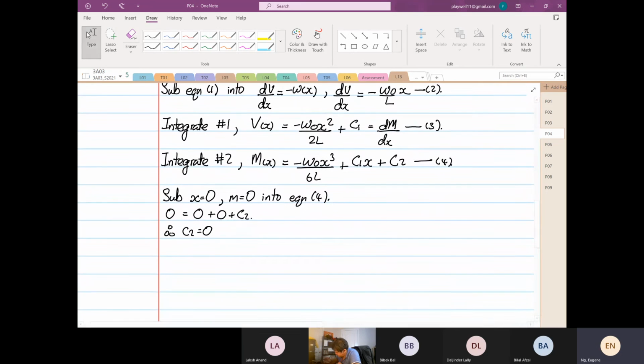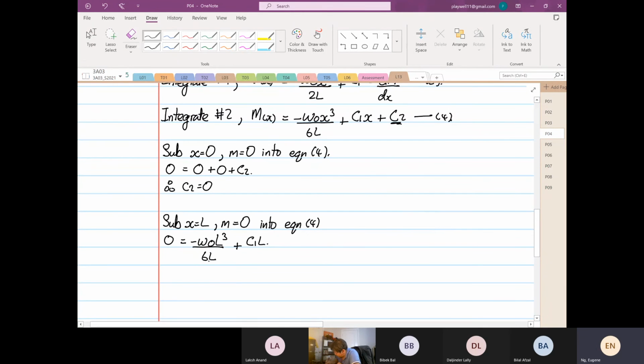We're going to substitute x equal to L, M equal to 0 into equation number 4. Remember, C2 is now also equal to 0. So when you substitute that, you get 0 equals minus omega naught L cubed over 6L plus C1 L. Now you can get rid of this L squared, so C1 is equal to omega naught L over 6.